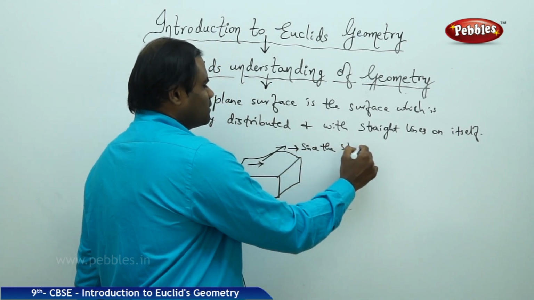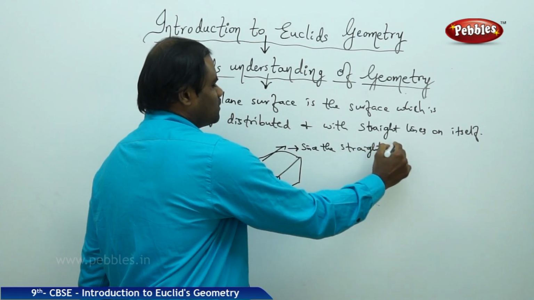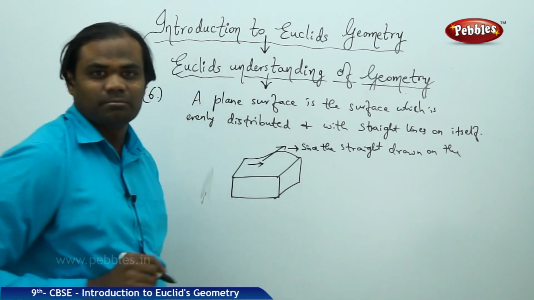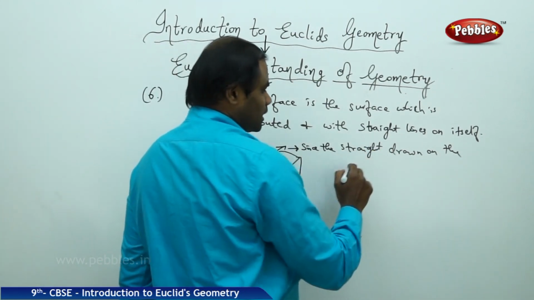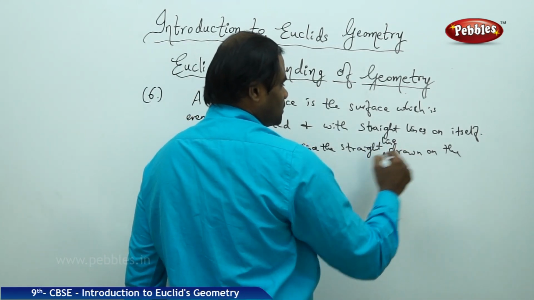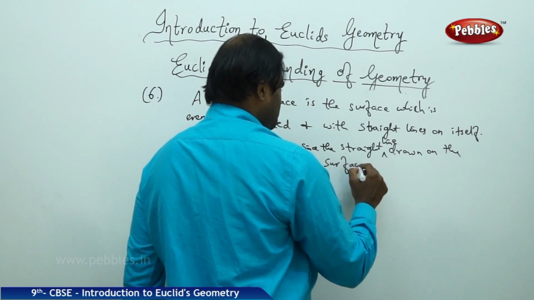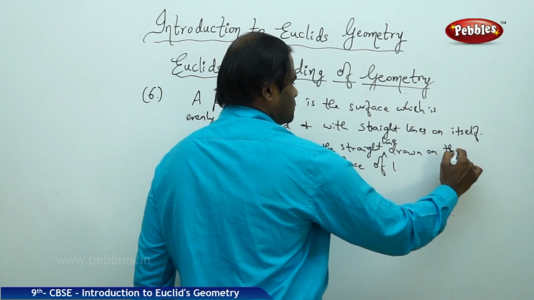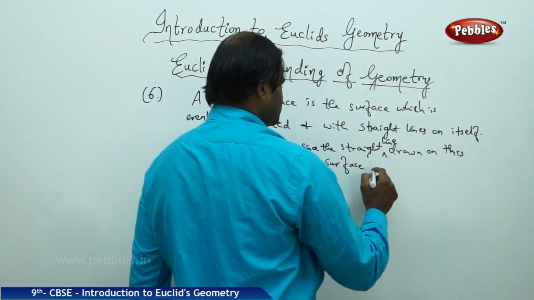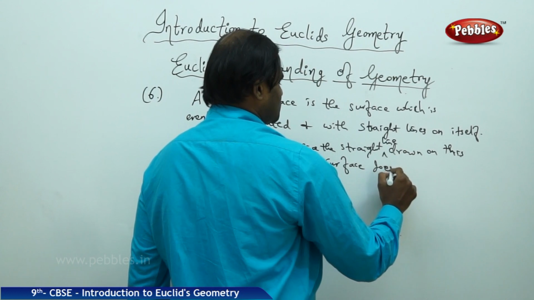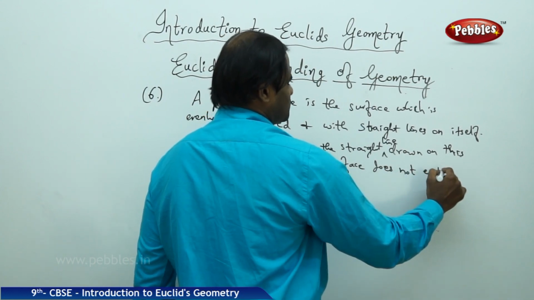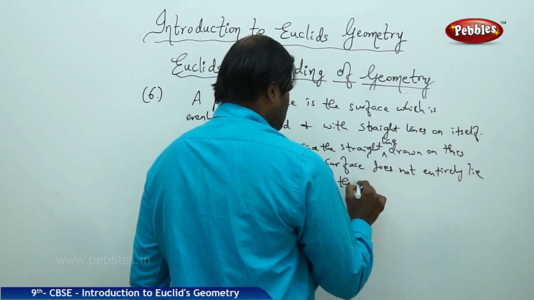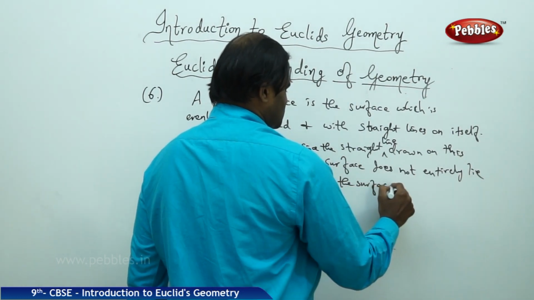Since the straight line drawn on the surface of this particular diagram, the straight line drawn on this surface, does not entirely lie on the surface.